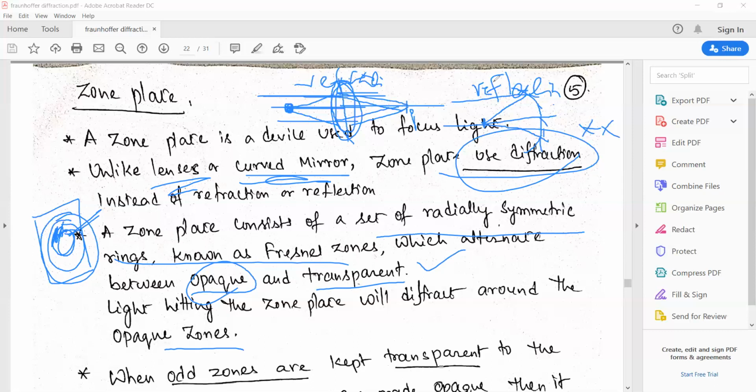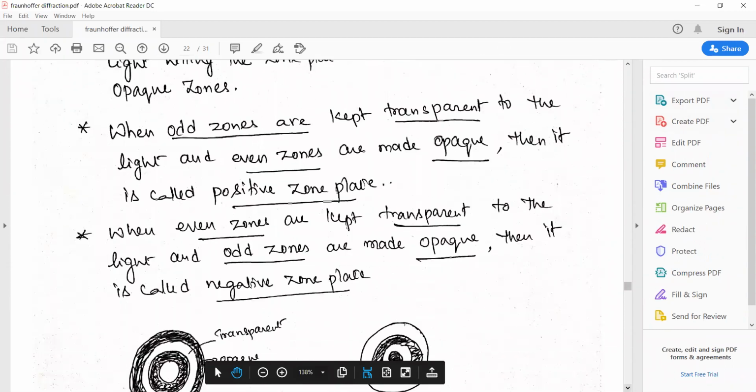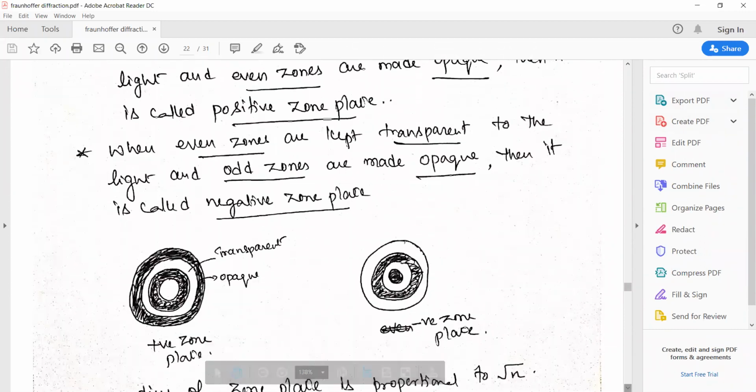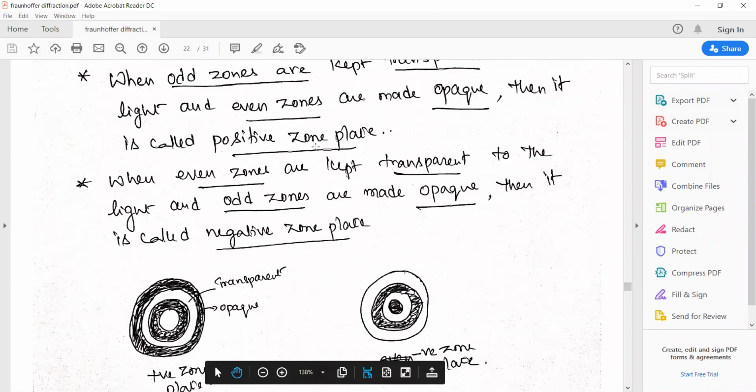So when odd zones are kept transparent, I will show you one image here. Actually, here I have made a mistake.